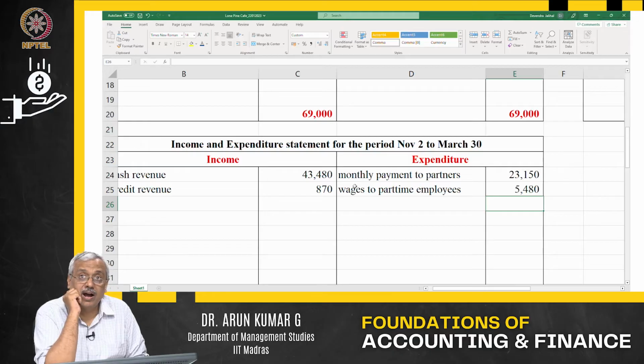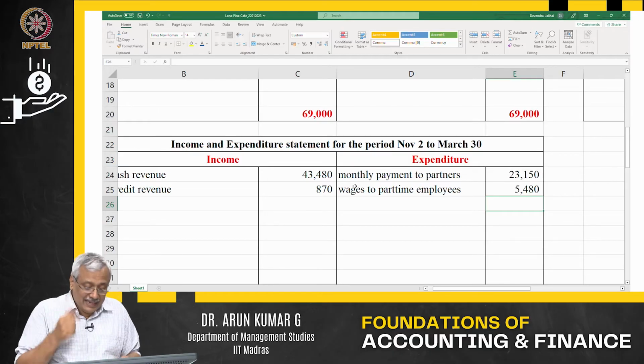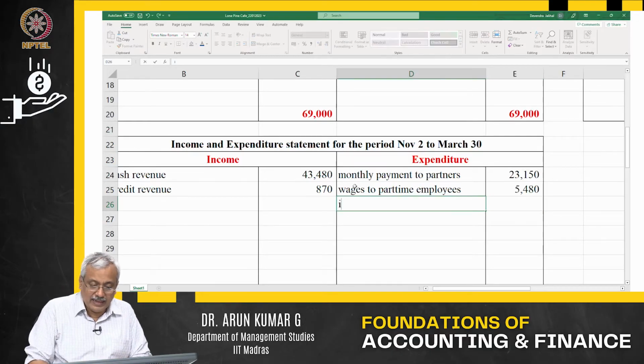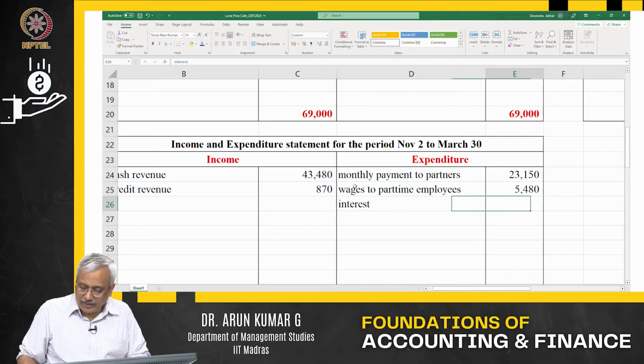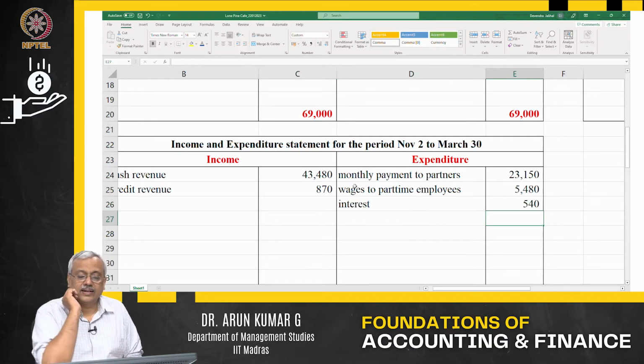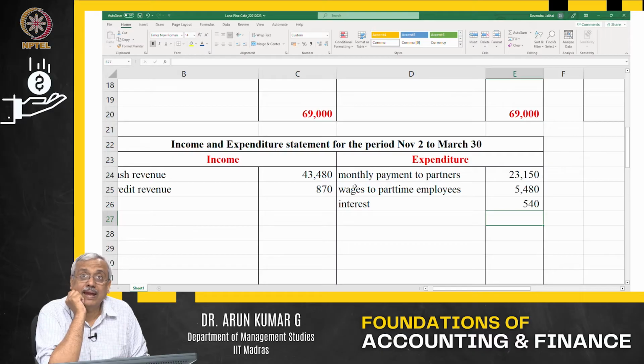Cash payments gone. Then there is something called interest. I have paid interest of 540. Cash gone, expenditure. I will leave out food and beverage suppliers as of now, and I'll come back to that in a few minutes. Let us take the other three.